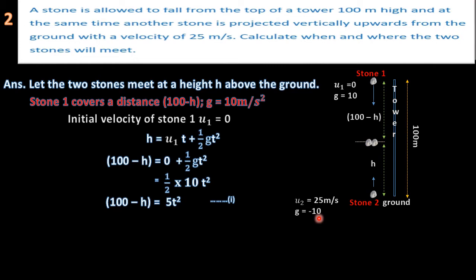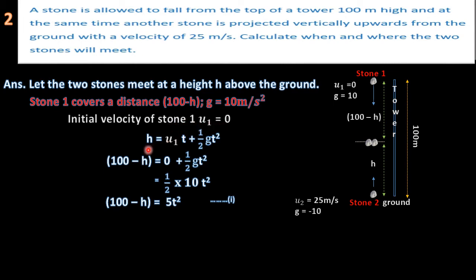So let the two stones meet at a height h above the ground. At this point, let us assume stone 1 covers a distance 100 minus h. g is 10 meter per second square. The initial velocity of stone 1, u1, is 0. According to the equation, h is equal to ut plus half gt square.